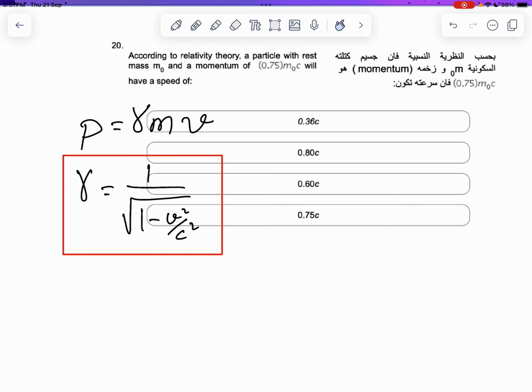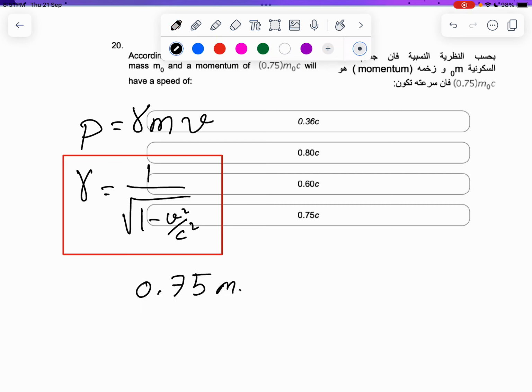So here, the speed of the object will be a fraction of the speed of light because it's relativistic. So we just substitute the values that we have. Then you are given that 0.75, which is the momentum, multiplied by m0 c. m0 is the rest mass when this object is at rest, and c is the speed of light, equals gamma mv.